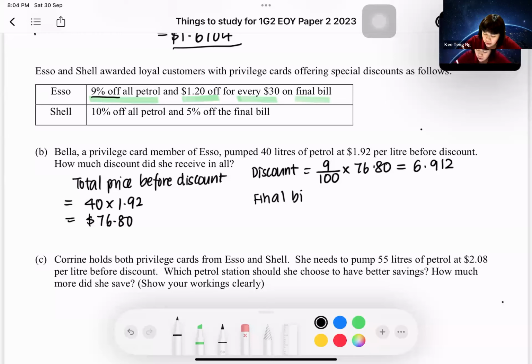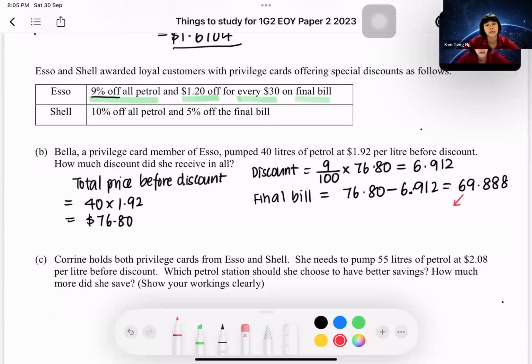So I need to find my final bill. $76.80 minus $6.912 to find how much I paid, the final bill. So my final bill is $69.888, right?